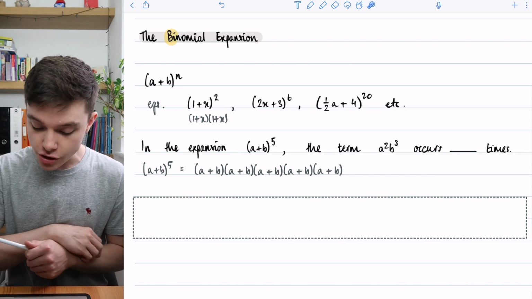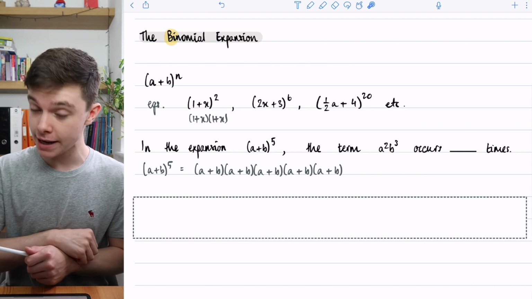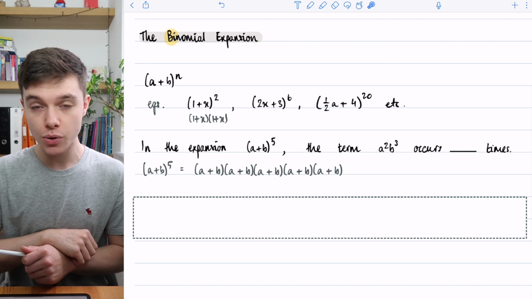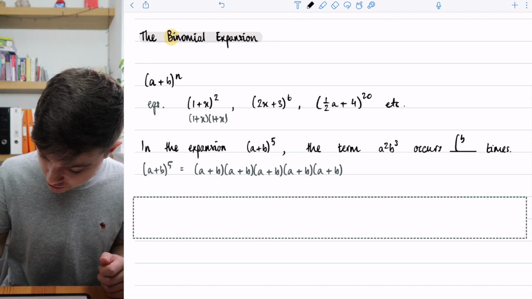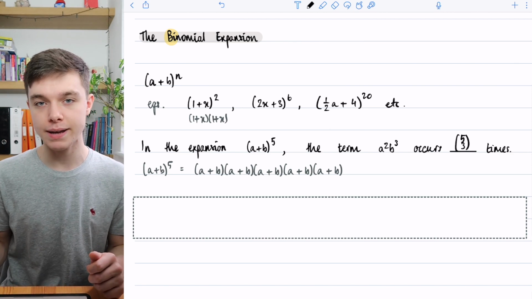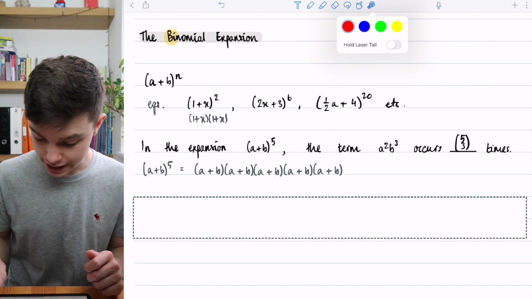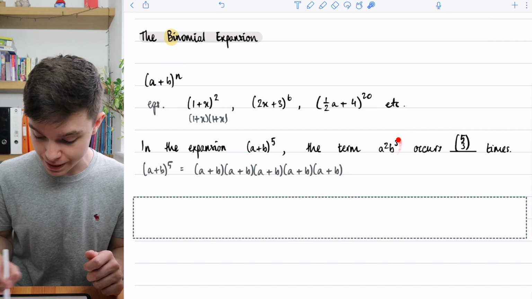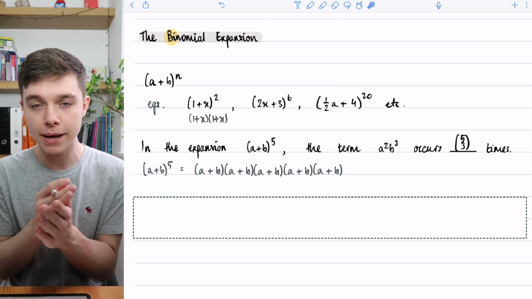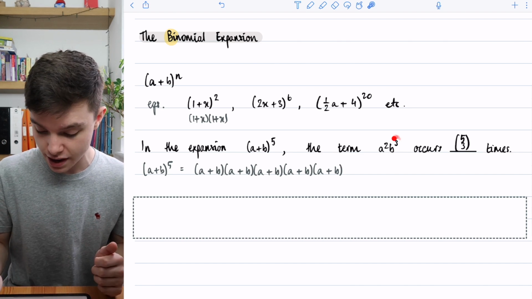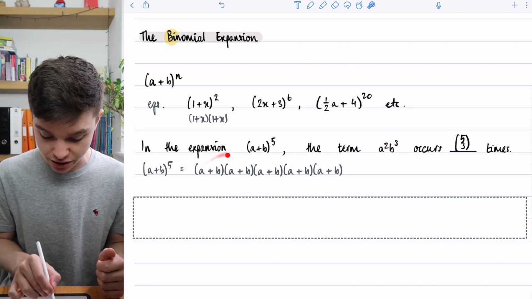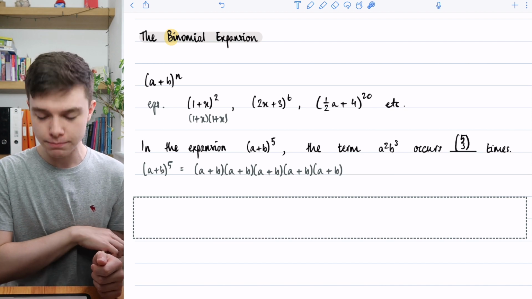So if we're thinking about combinations, the term a squared b cubed occurs 5 choose 3 times. Because we need a b cubed, we need to choose b 3 times from the 5 brackets to give us a b cubed, and then multiply it with an a squared along the way.